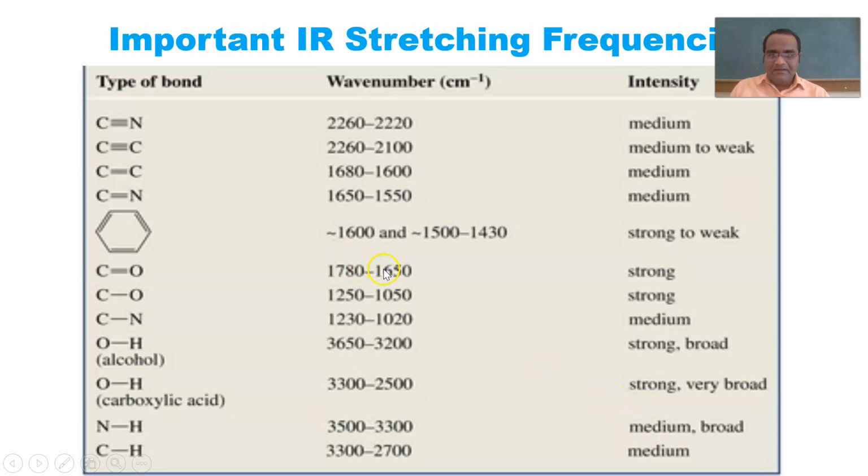Whenever it is an aldehyde, at 1700 it gives two small peaks, and in the case of an ester it gives a strong peak in the region of 1250 to 1050. There are also some frequencies you should know, for nitrile, carbon-carbon double bond, and the aromatic ring. These are the only ones we require in this session.